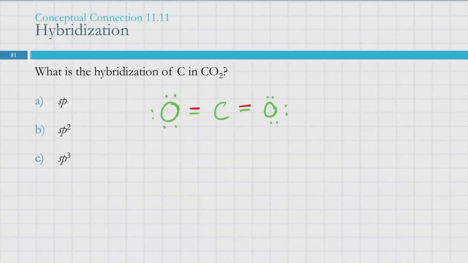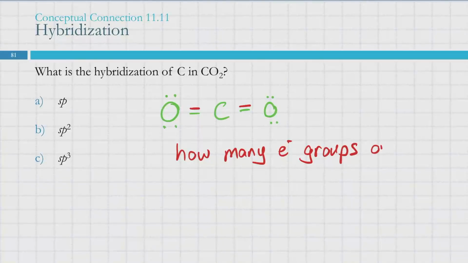We'll end up with double bonds between the carbon and each of the oxygens. How many electron groups do we have connected to carbon? How many clusters of electrons are connected to carbon? Clusters or clumps.